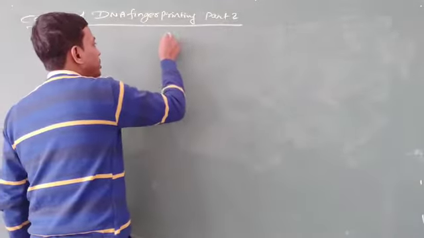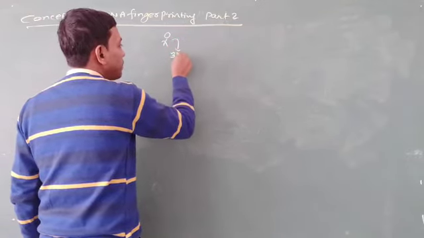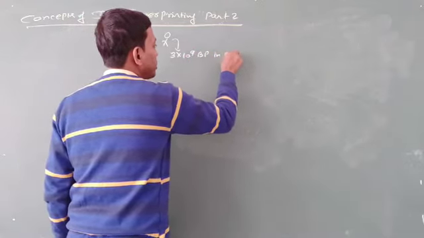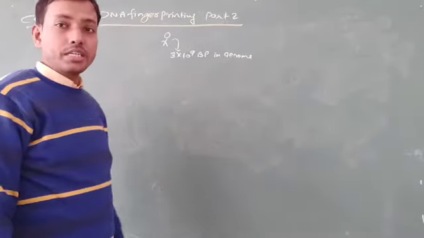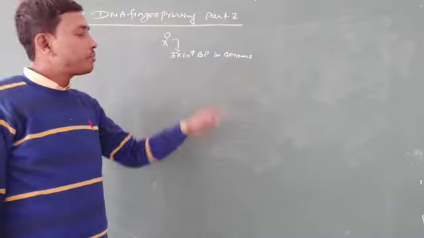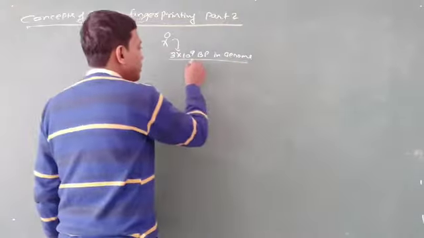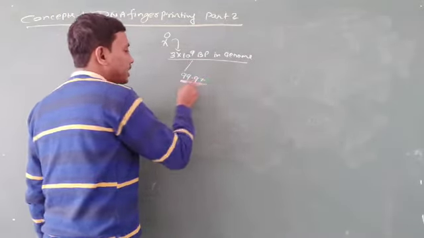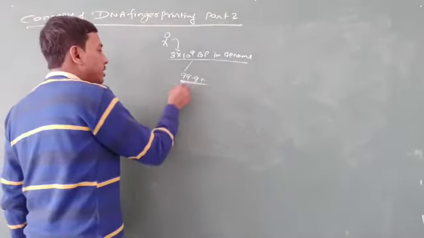Actually, in the previous video lecture, you learned that human DNA has 3 multiplied by 10 raised to 9 base pairs in its genome. It means that in the entire length of a single set of DNA, there are 3 multiplied by 10 raised to 9 base pairs. From those base pairs, 99.9% of the DNA, the nitrogenous bases and their sequence, are similar.